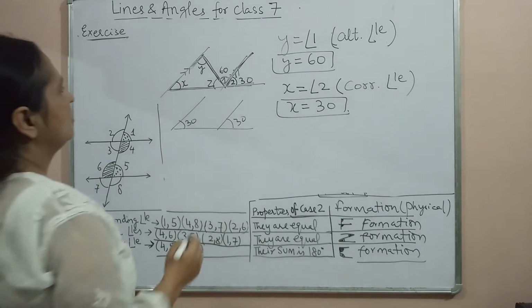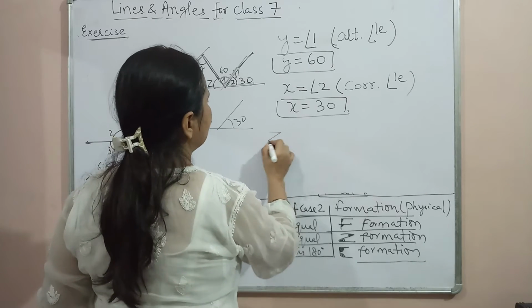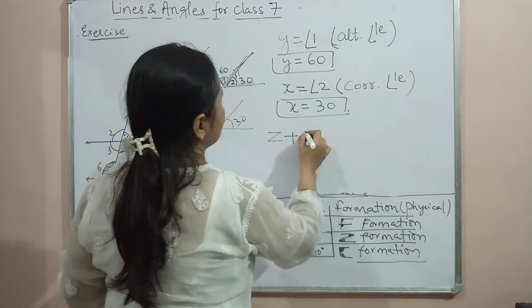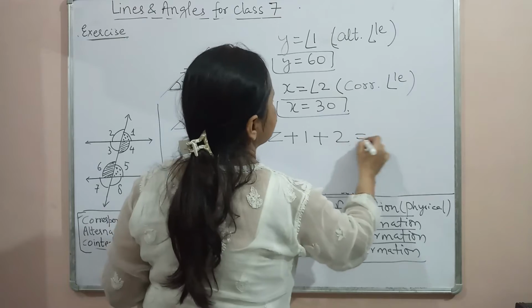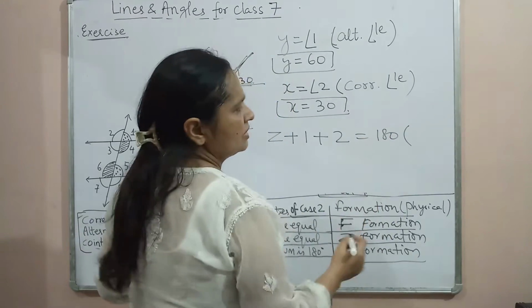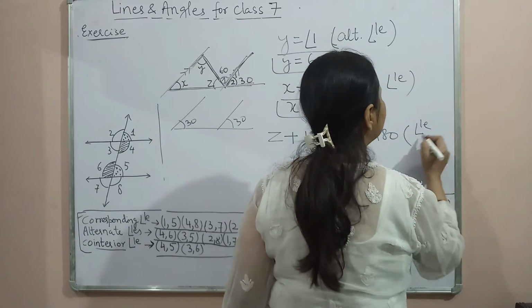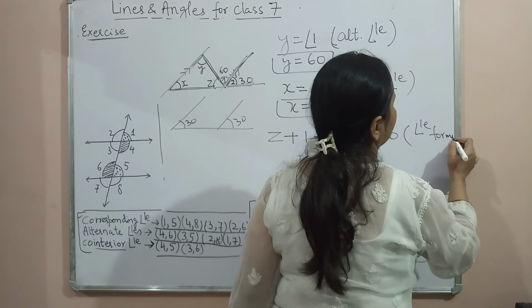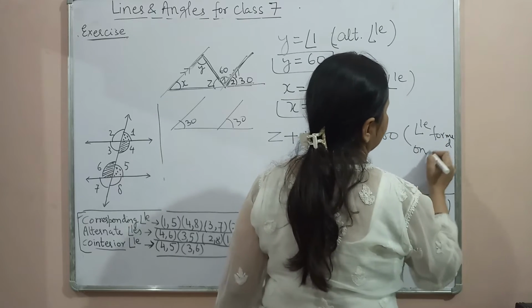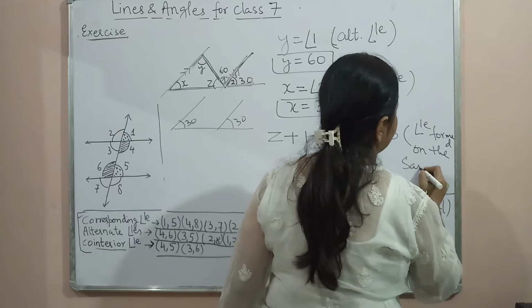Now in the same way, we can find the value of Z. We know Z plus 1 plus 2 is equal to 180 degrees. The reason is angles formed on the same straight line.